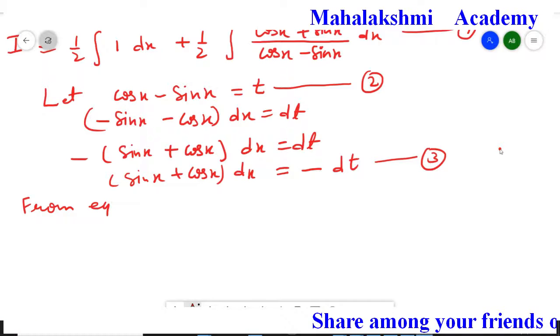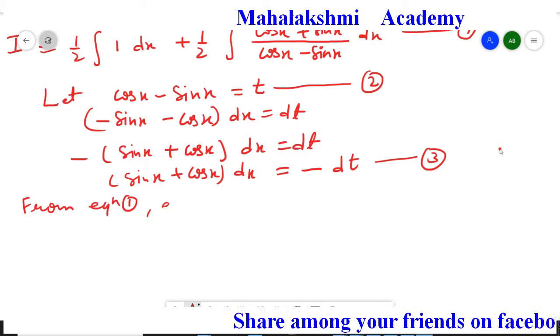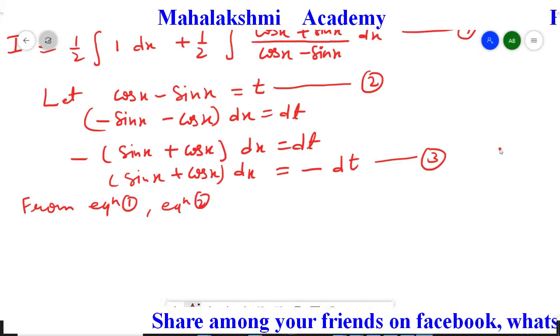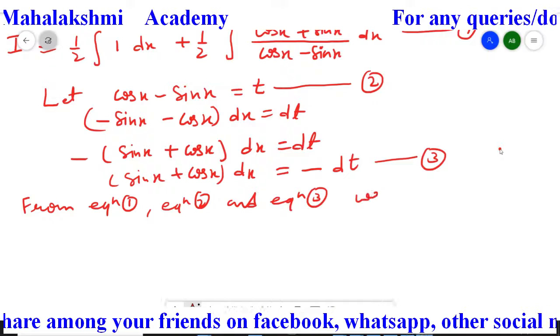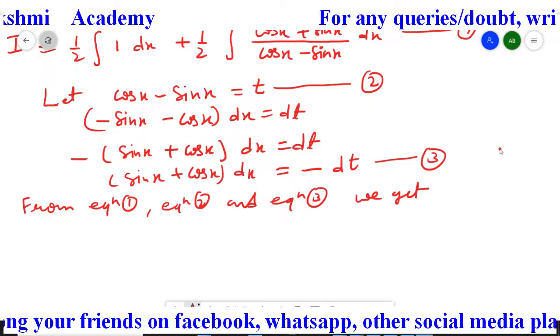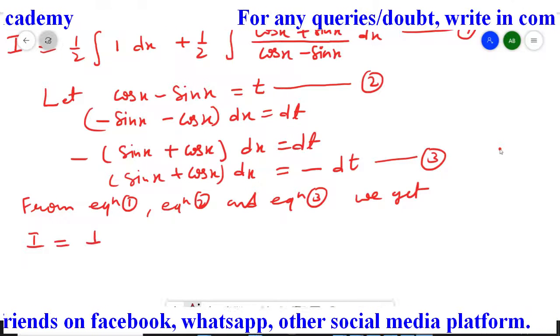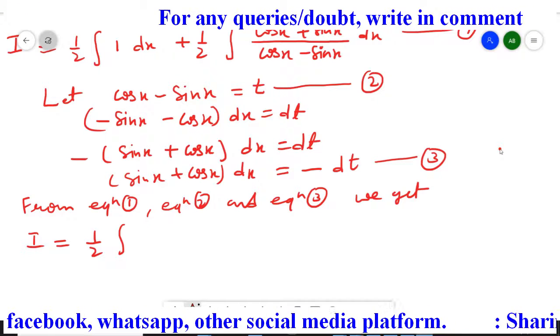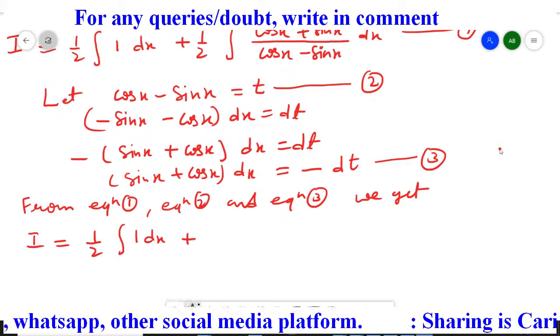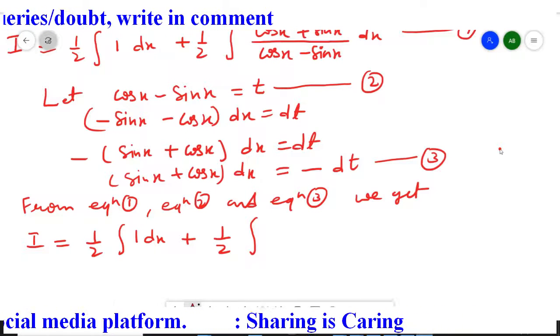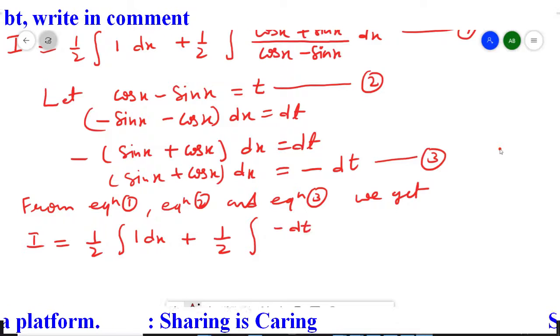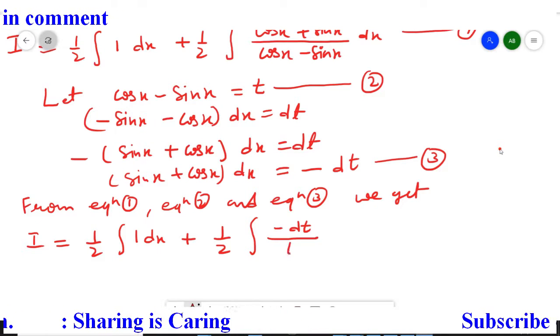From equation 1, equation 2 and equation 3, we get I is equal to half of integration of 1 dx plus 1 upon 2 integration, and here because minus dt is there, so write down minus dt, and in the denominator only t.